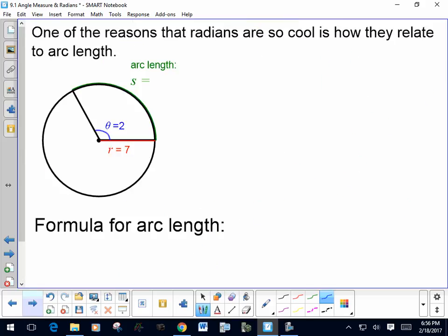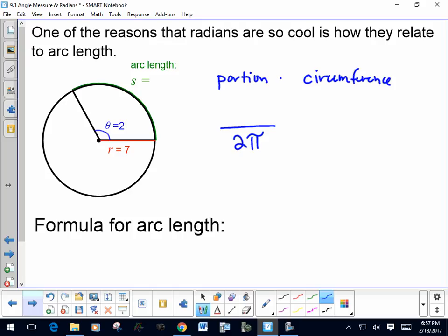Okay, so we want to go back and revisit arc length now that we've talked about radians. When we were talking about arc length before, we said it was a portion of the circle times the circumference. Well, in radians, our portion is out of 2 pi, a full rotation, instead of out of 360.